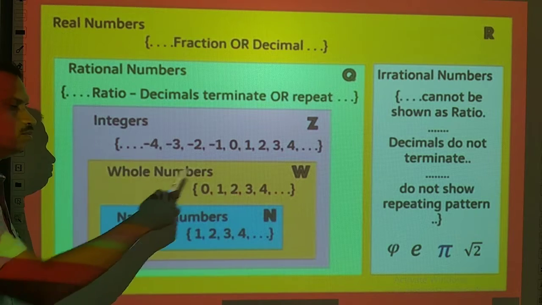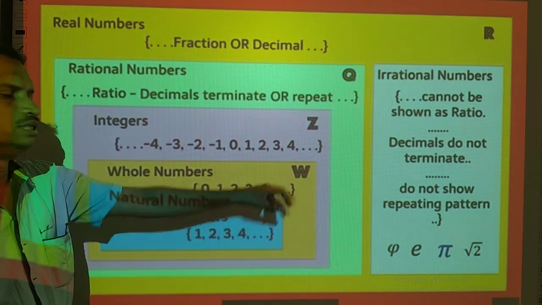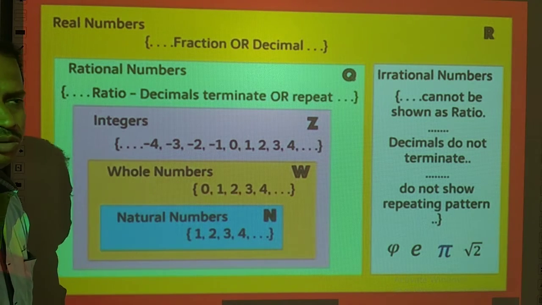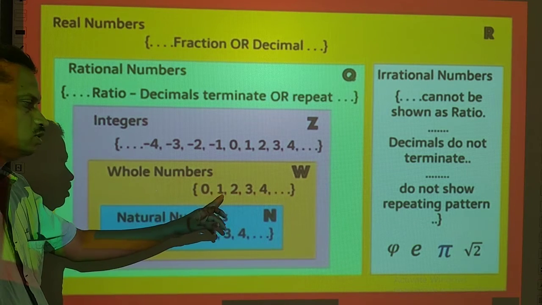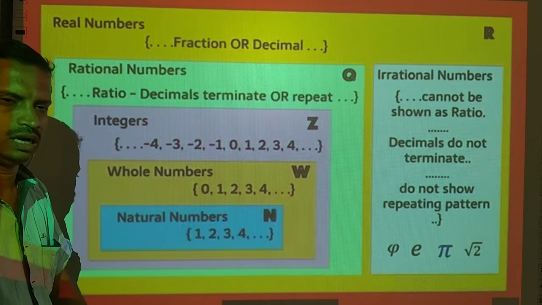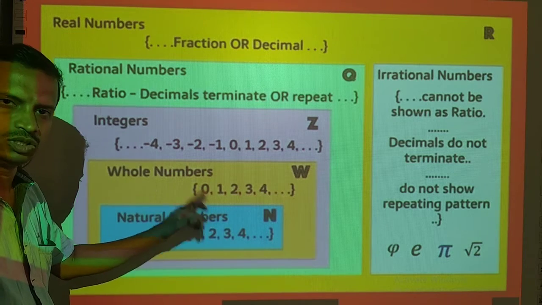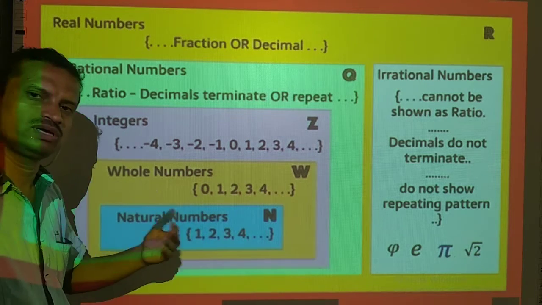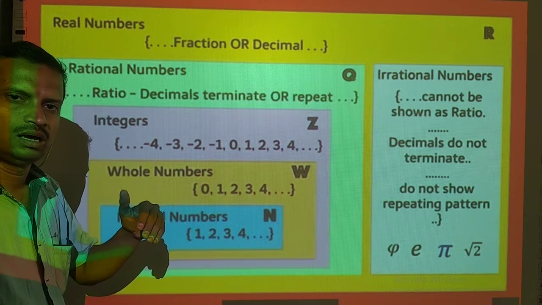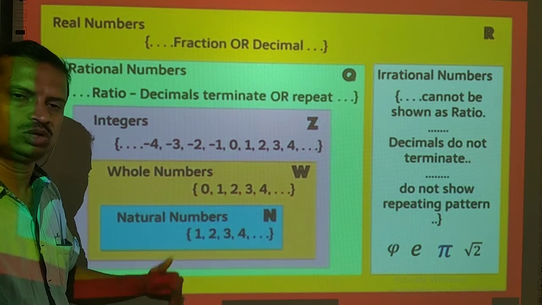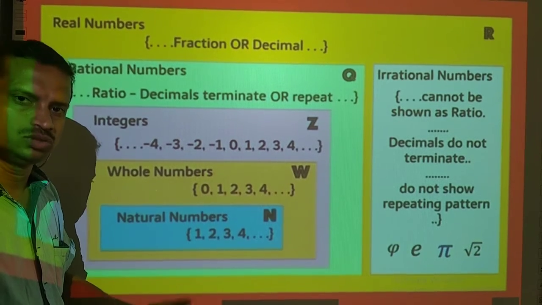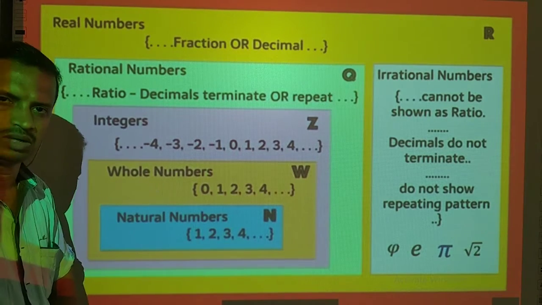And whole numbers, capital W, denote the whole numbers. Natural numbers are from 1, 2, 3, etc., but whole numbers are from 0 up. Therefore we can say natural numbers with 0 are whole numbers.